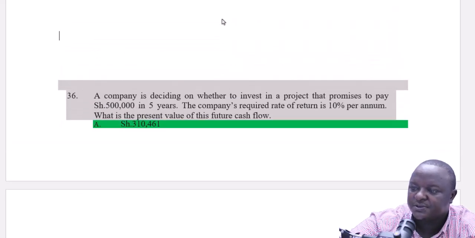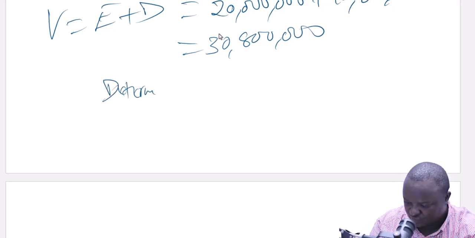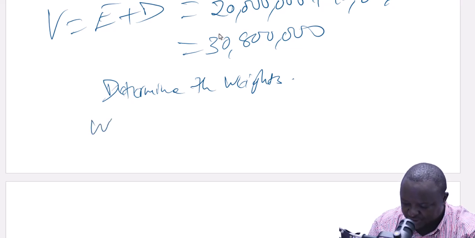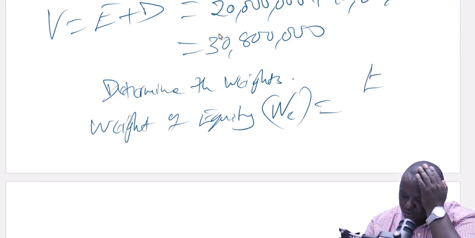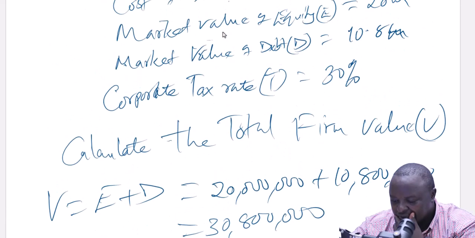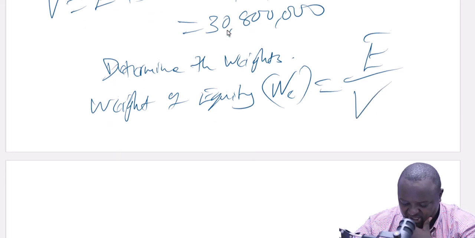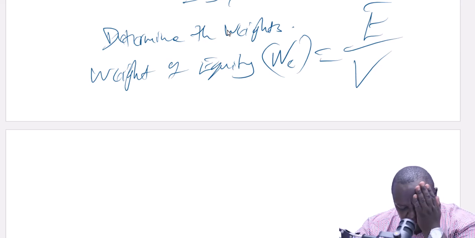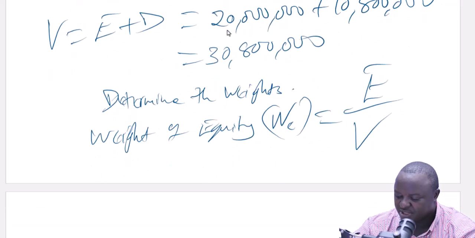So let's determine the weights. The weight of equity equals the market value of equity divided by the total firm value that we have calculated.